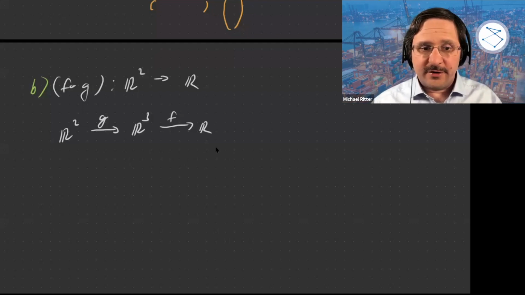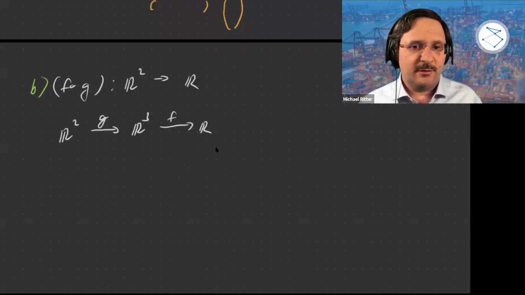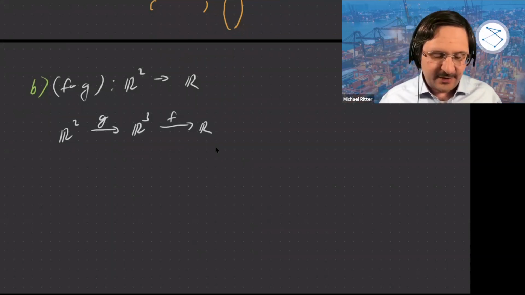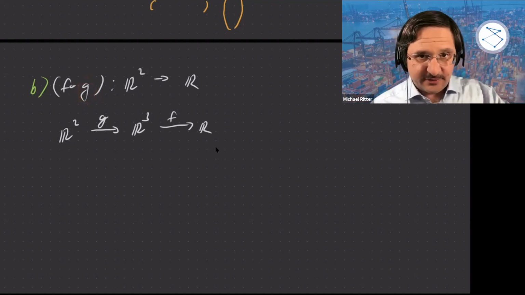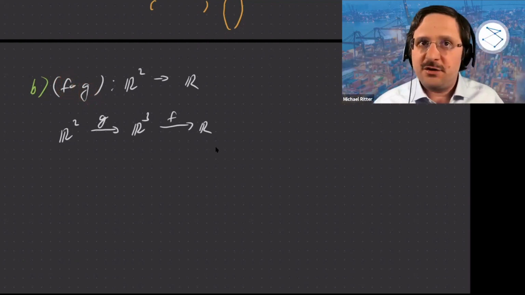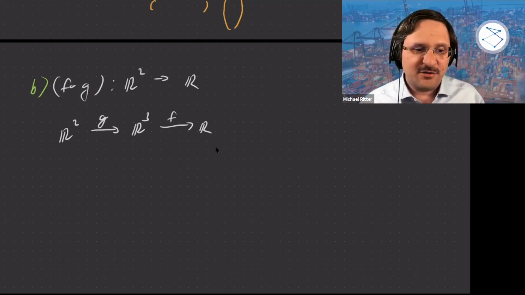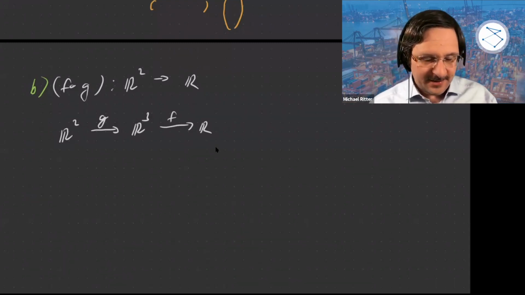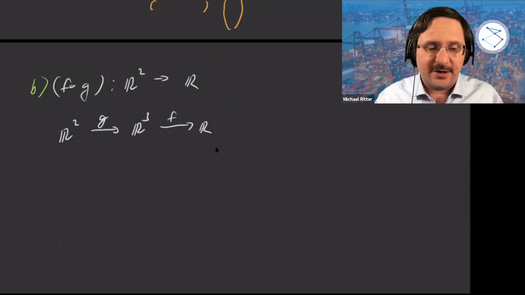Okay, and what we want to do is compute the derivative of that using the chain rule. Of course, you could also do that directly by substituting g of x1, x2 into f, which gives you an expression for f after g that you could differentiate. In this case, we'd like to use the chain rule for practice. The chain rule works almost the same as in 1-dimensional calculus.